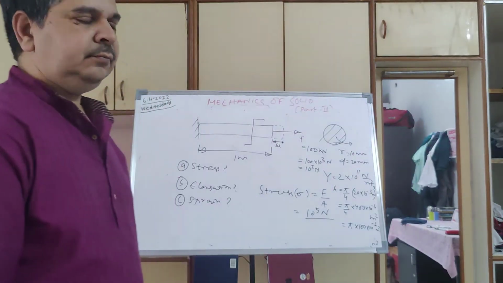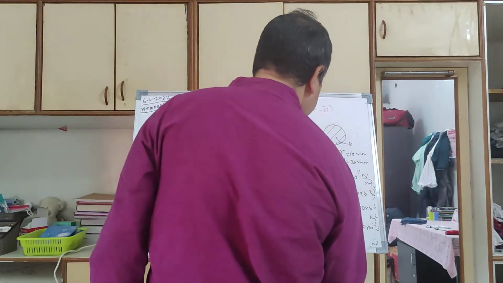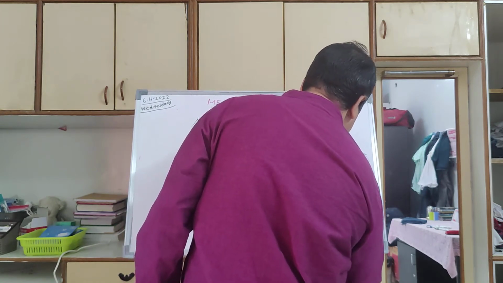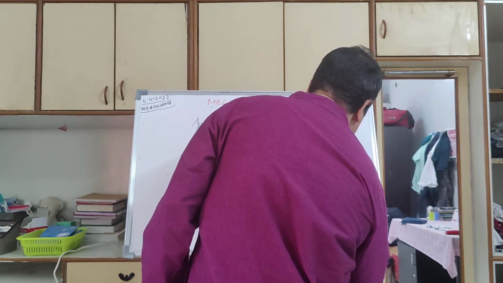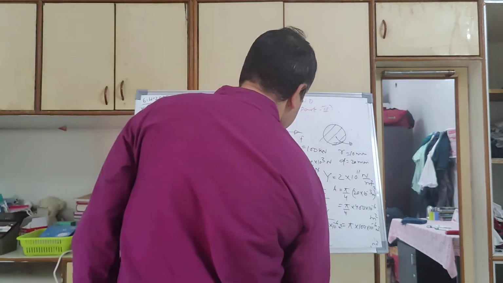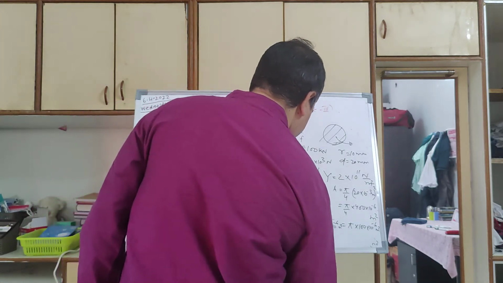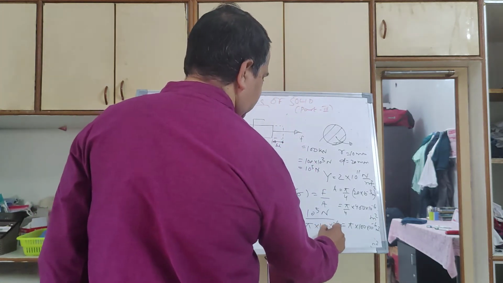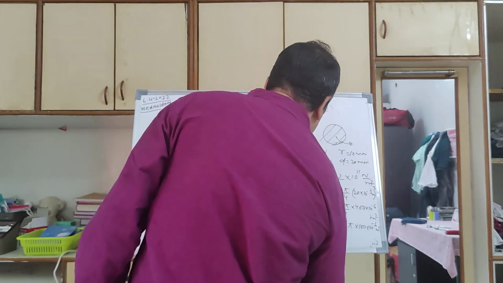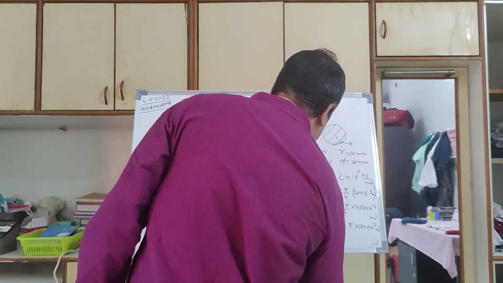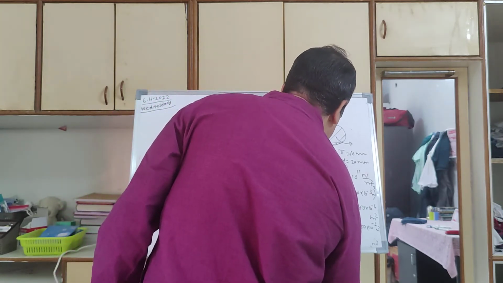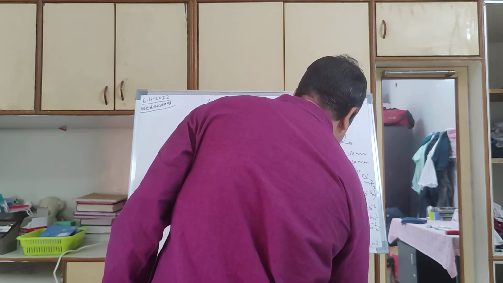So your stress becomes, in place of A you replace 100 into 10 to the power minus 6 meter square. So this becomes 10 to the power 5 into 10 to the power 4, it will become 10 to the power 9 divided by pi Newton per meter square.